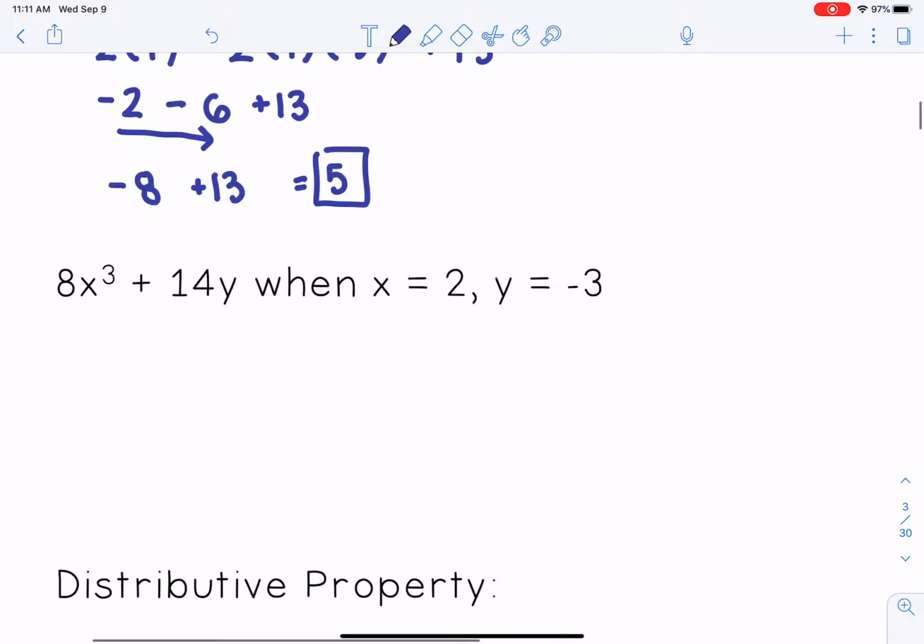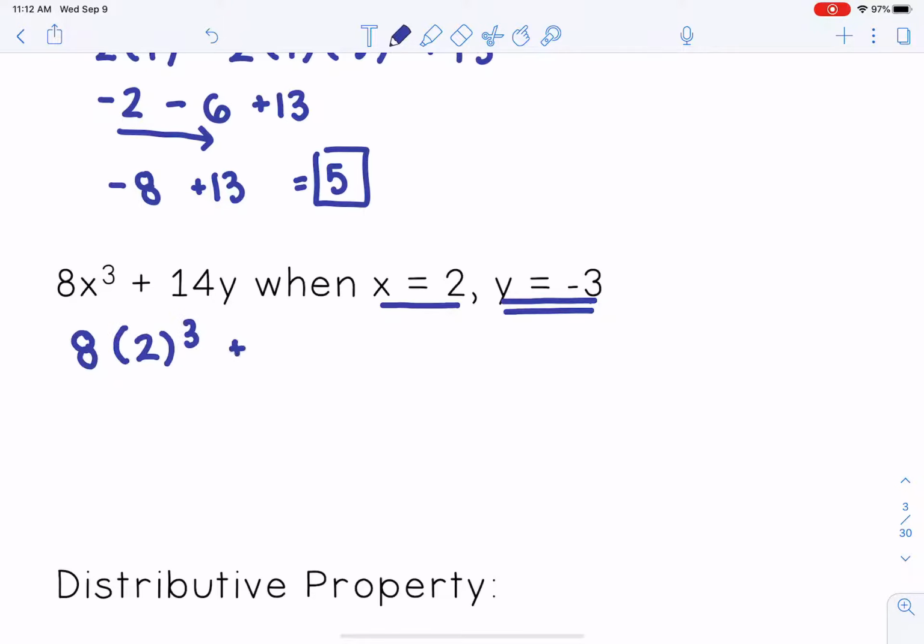Next up, I have 8x cubed plus 14y, so that's when x is equal to 2 and y is equal to negative 3. So I'll plug in a 2 where I see an x, and I'll plug in a negative 3 where I see a y. Parentheses are all set, so I'll move to exponents.